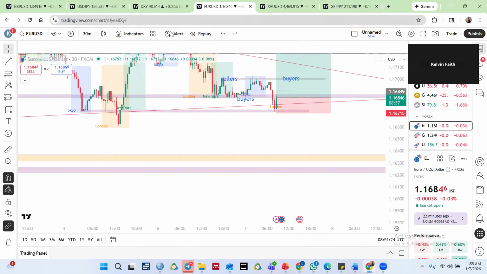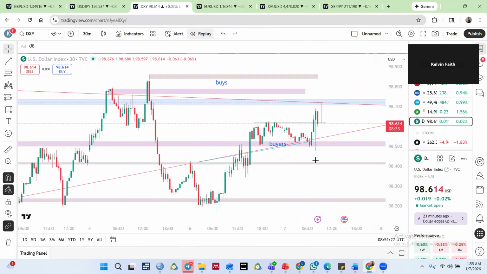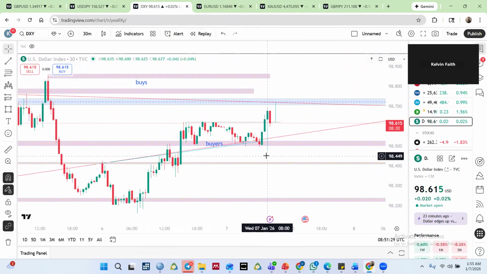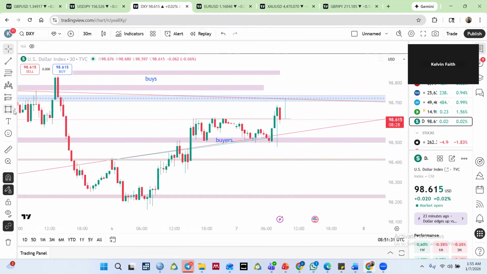So it's simple. And if I'm going to frame the setup on the DXY rather, I said I'll be selling the DXY below this area. Sellers are here. Let me put that again.